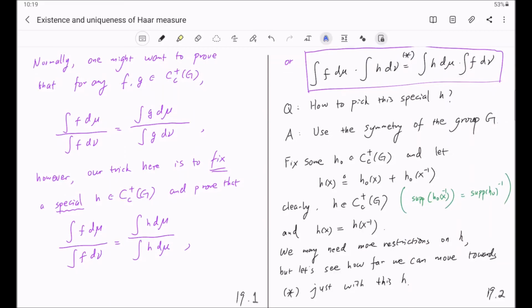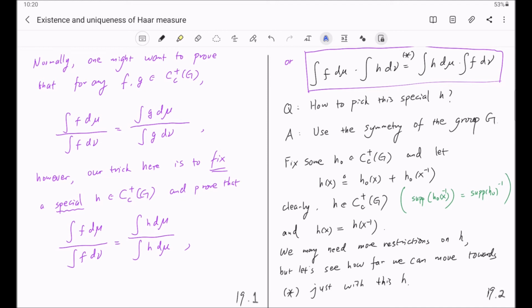At this point, let me remind you of something. Remember at the beginning, when we were talking about the idea of the proof for the uniqueness part of Haar measure, I said we are going to choose this h very carefully so that we can prove for any f in C_c^+(G), this quotient with respect to f is the same as this quotient with respect to h.